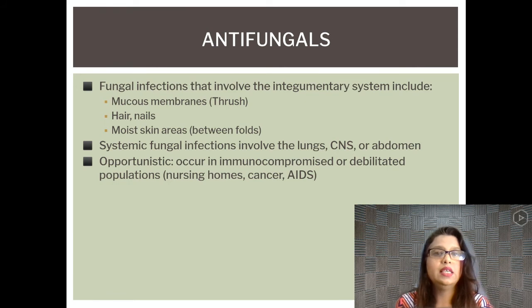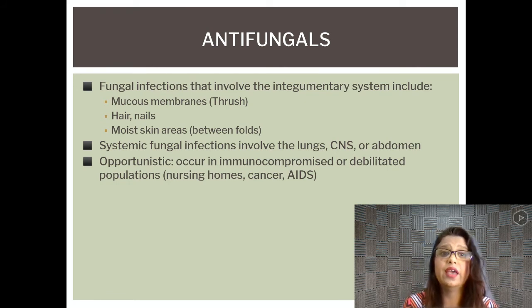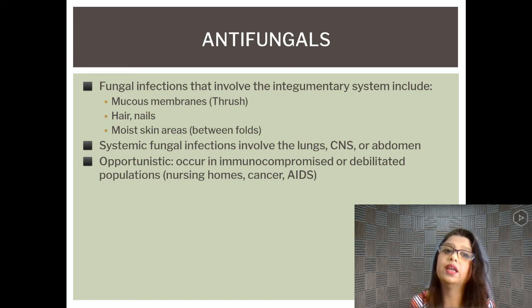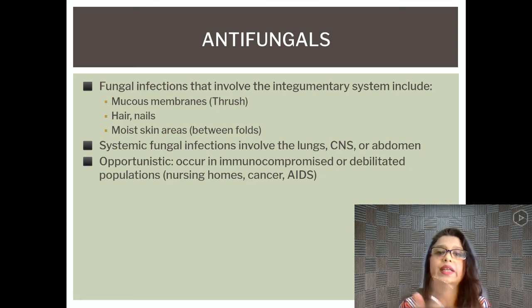Okay, antifungal medications. Some infections are fungal, okay? Fungal infections could occur when a patient has very, very low immunity again. It could be oral thrush, like a white or coated tongue, which is a fungal infection of the mouth. There can be fungal infections of hair, nails or skin areas.